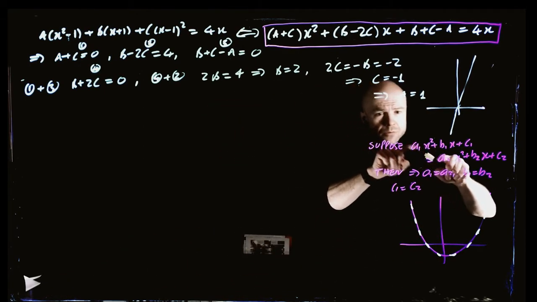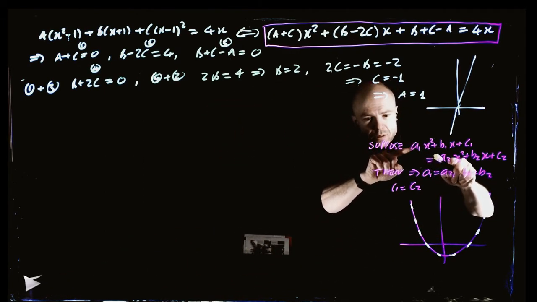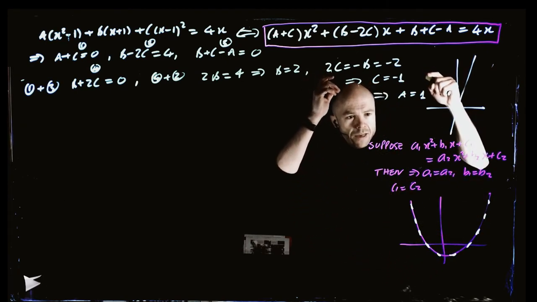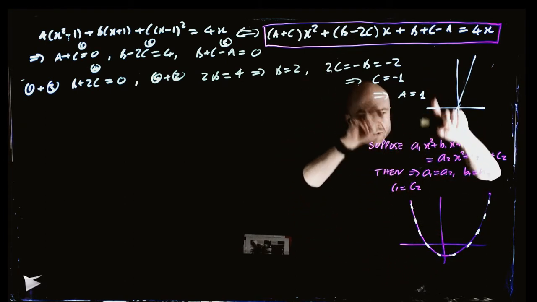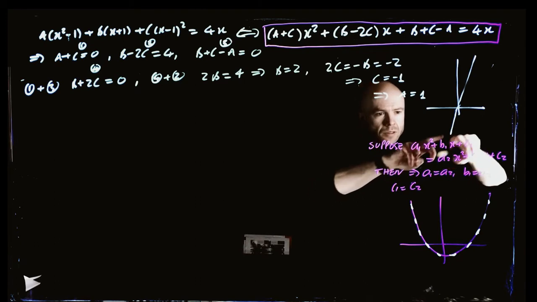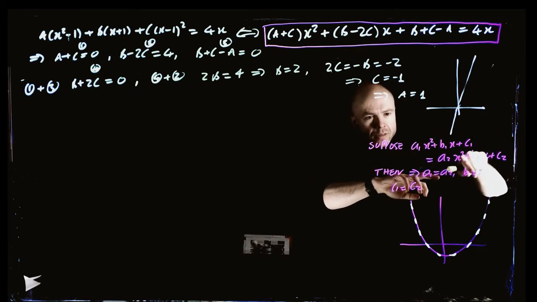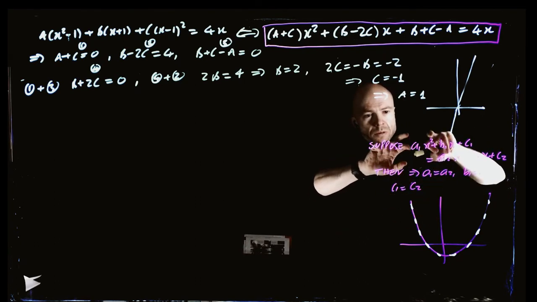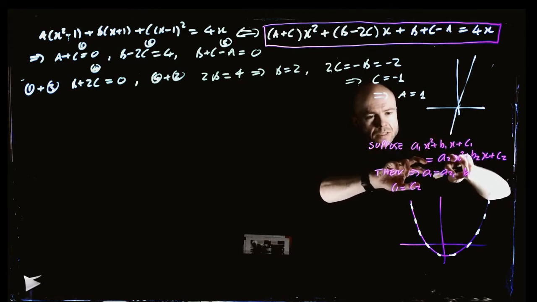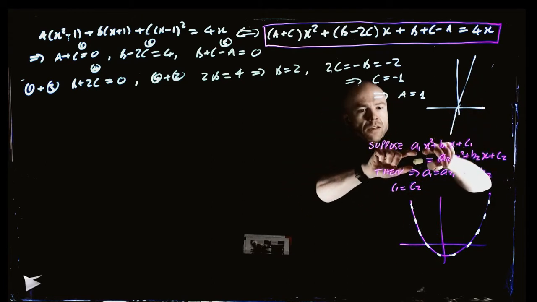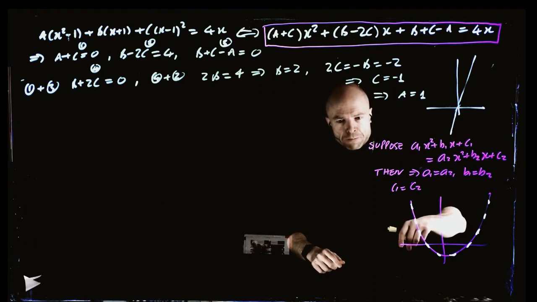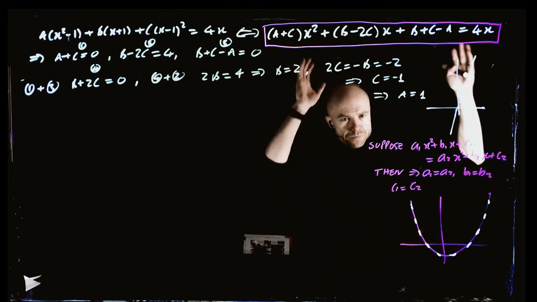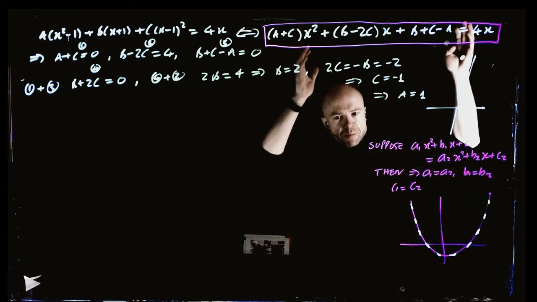Well, if a1 was bigger than a2, then for very, very large x, the quadratic terms dominate everything, right? So all these other terms are negligible in comparison. So it wouldn't be possible that this is equal to this for all x if a1 was bigger than a2, because this guy would just be above the other one.